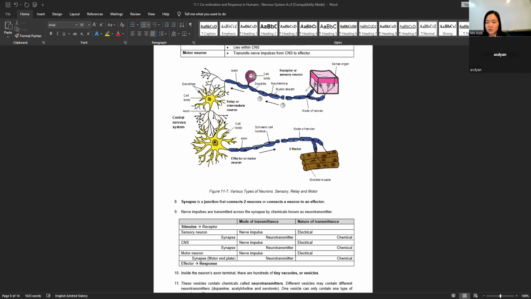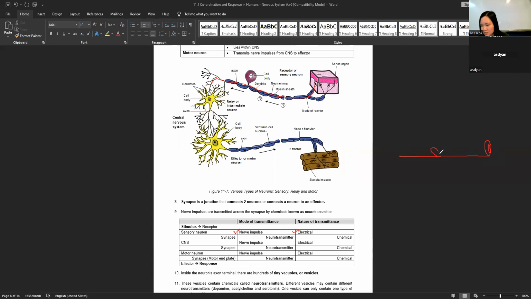We have the sensory neuron. So we have nerve impulse here. Nerve impulse moves in the form of electricity. This one, electrical. So it will move as electricity until the end. Okay, when it reaches the end, there is a gap. Like for example, this is the receptor, right?